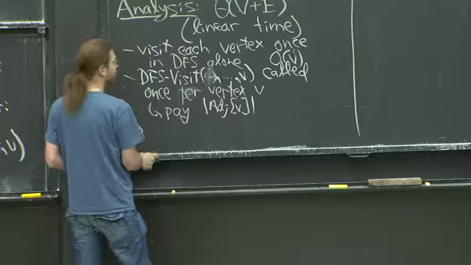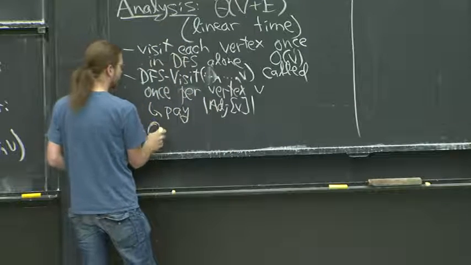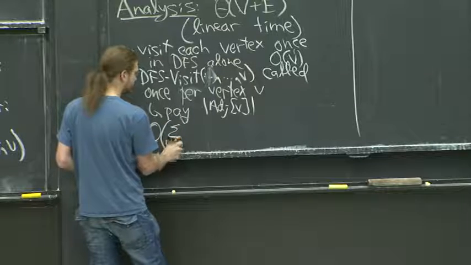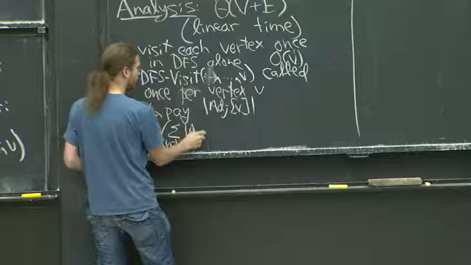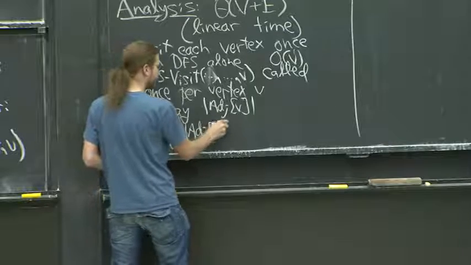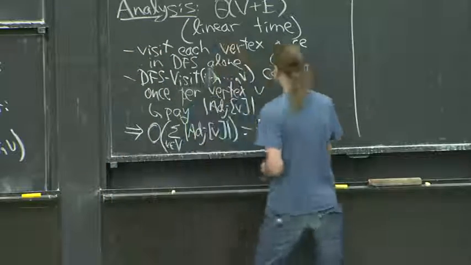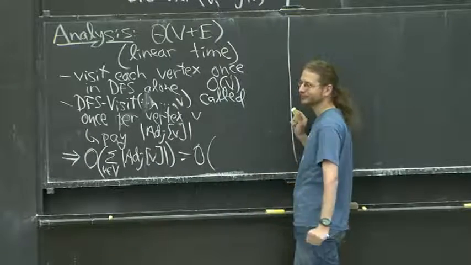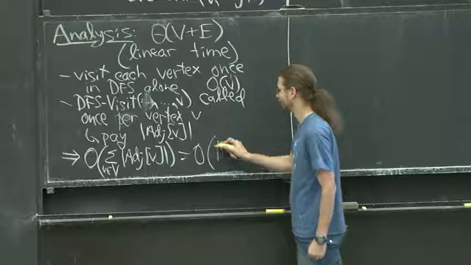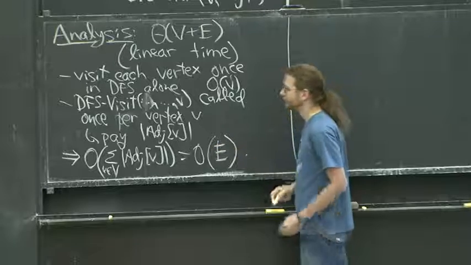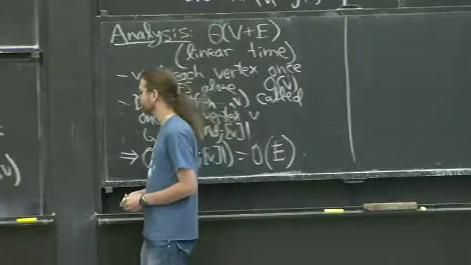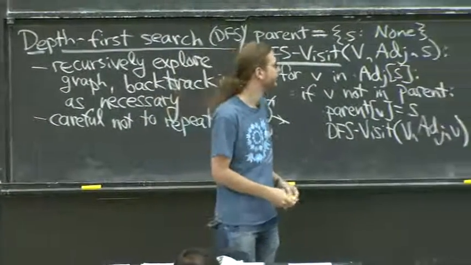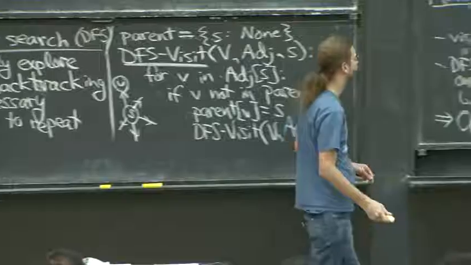So the total, in addition to this V, is going to be order sum over all vertices v in capital V of the length of the adjacency list for v, which is E. This is the handshaking lemma from last time. It's twice E for undirected graphs. It's E for directed graphs. I've drawn directed graphs here. It's a little more interesting.